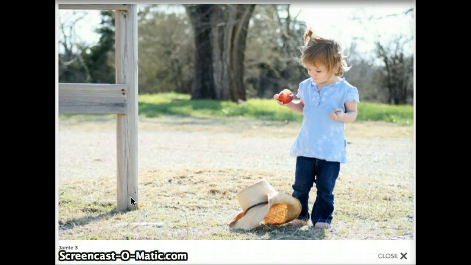If you did intend it to be there, then I would want a little more visual explanation of why that's there. I don't quite know what this is. Maybe that's what bothers me. Is it a part of a playground? Is it a fence? I don't really know what it is. So maybe if I knew what it was, it would help add to the story that this picture is trying to tell. I'm not quite sure.